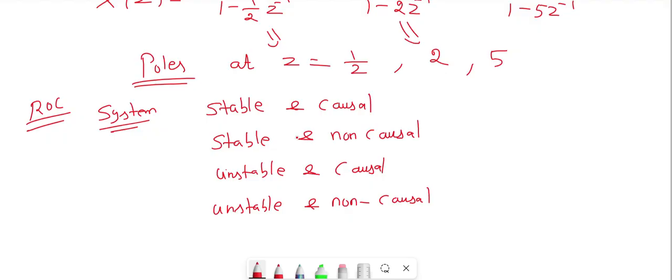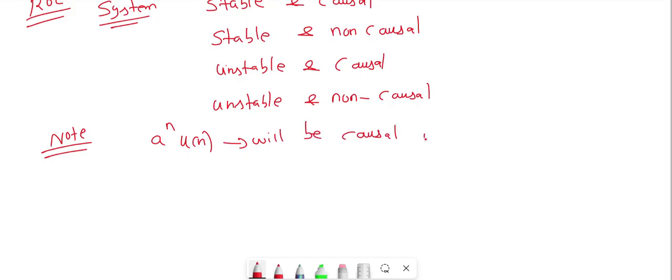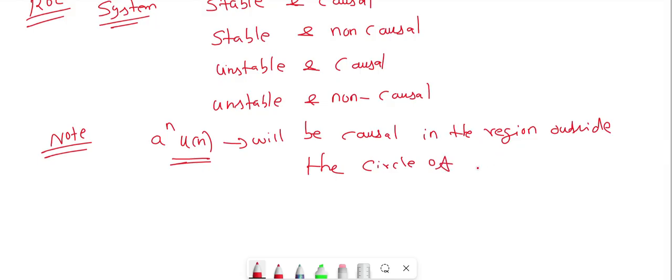For example, if the system is defined by a power n, u of n, it will be causal in the region outside the circle of radius a.